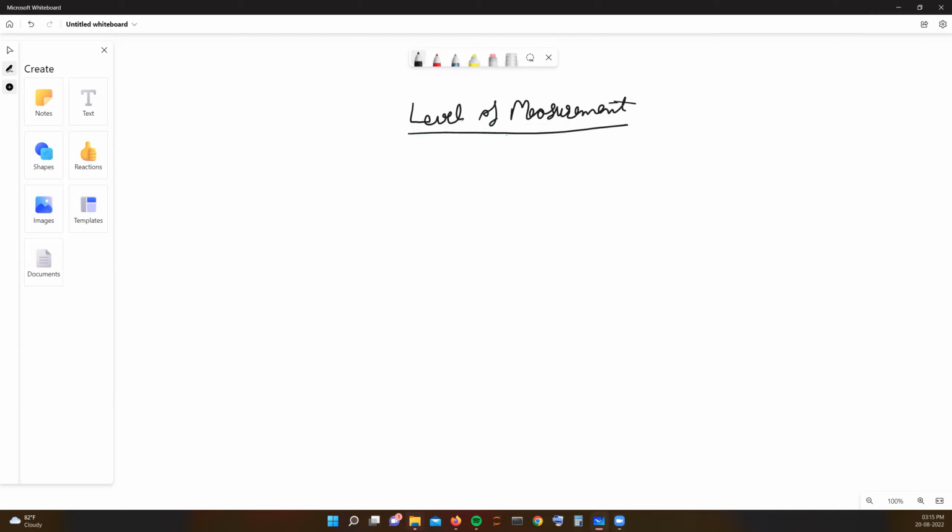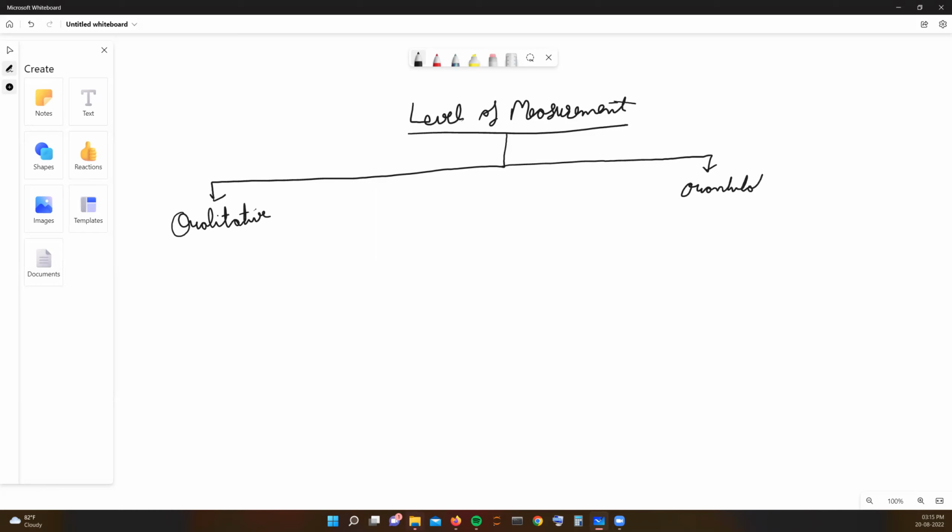Basically there are two types of data. If we categorize the whole data system, we can categorize it into two types. One is qualitative, and the other is quantitative. Inside quantitative, as the name suggests, quantity is there, right?